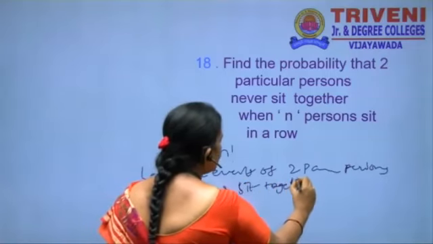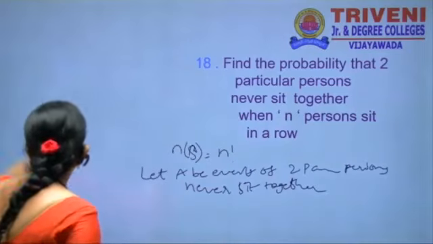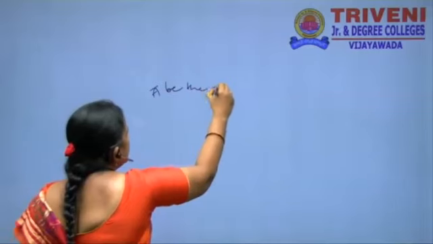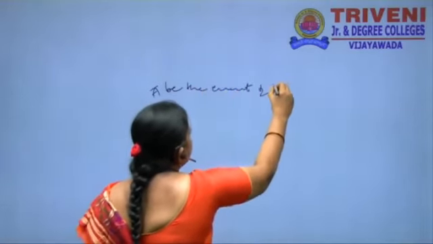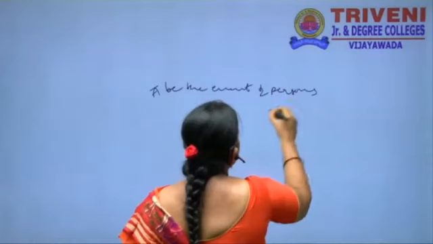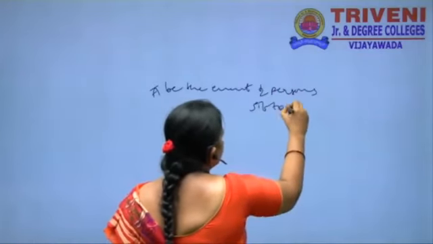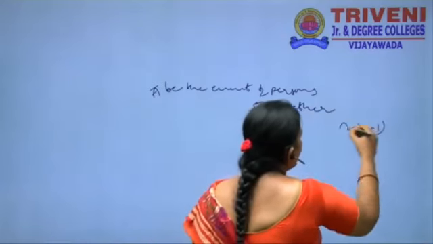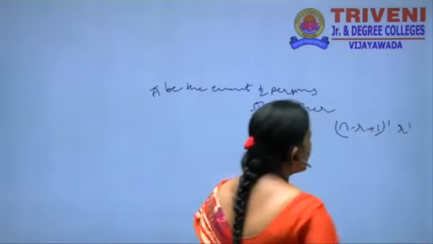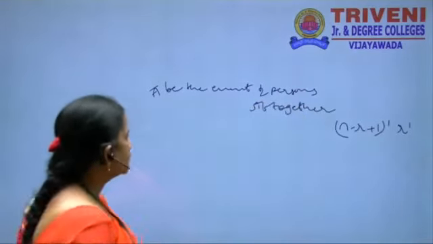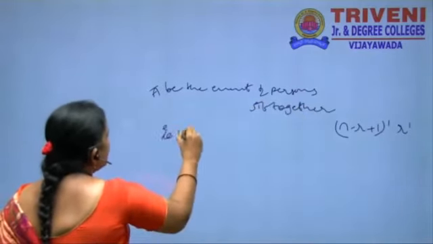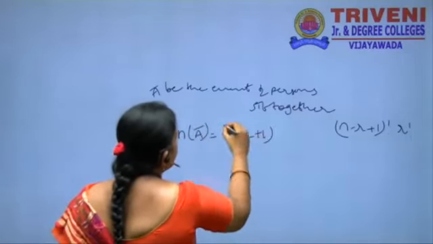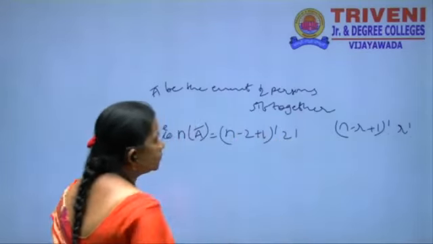Then A bar is the opposite of A. That is A bar be the event of two particular persons sit together. That can be written in the form of n minus r plus 1 factorial into r factorial. Here r is 2. That is n of A bar is equal to n minus 2 plus 1 factorial into 2 factorial.